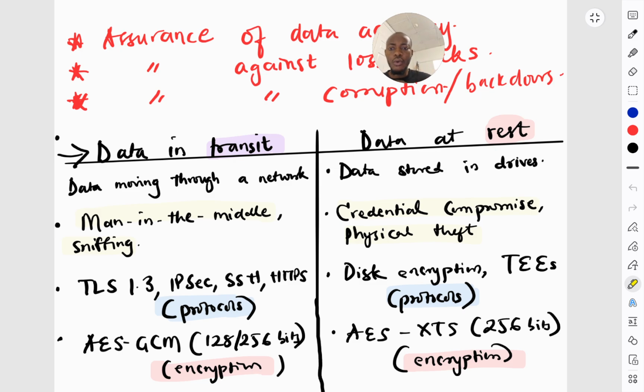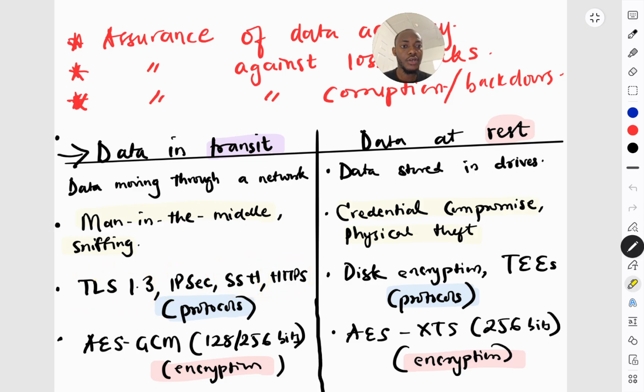So, what protocols can we use to secure data in transit? The essence of all of these is towards data integrity. We want to be sure that the data is accurate, non-corrupt, and has not been lost. So what kind of protocols are we talking about when we talk about data in transit? We're talking about TLS 1.3, IPsec, SSH, and HTTPS.